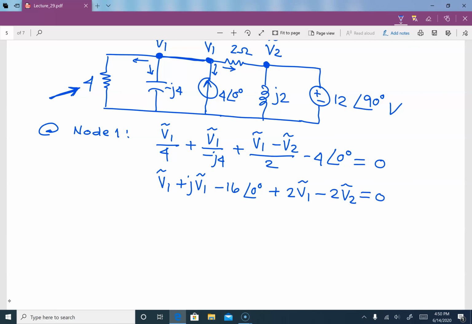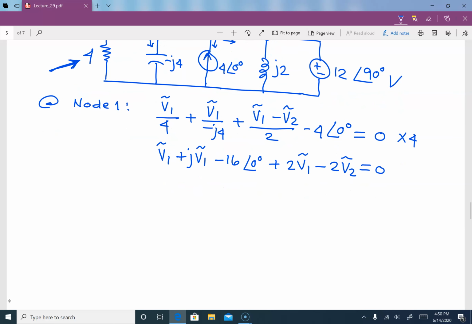What I have done over here, that we multiply by 4. So collect terms, that will be 3 plus J1 times V1 is equal to 2V2 plus 16 with angle 0. And this is our first equation, let's say.